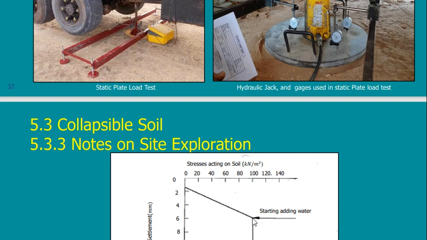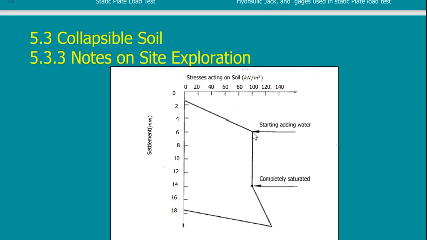When I reach this point, I start adding water without adding more pressure, just the same pressure, only water. I will find that there may be a sudden drop, the settlement will increase, though I am not adding load. It means that due to the water itself there is settlement, not due to the pressure, because I had reached, say, 100 kilonewton per meter square.